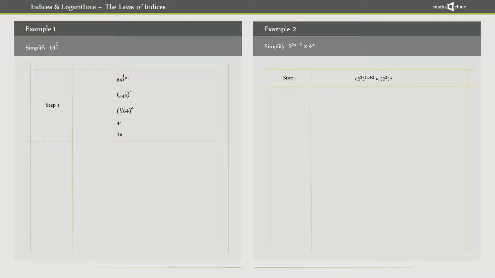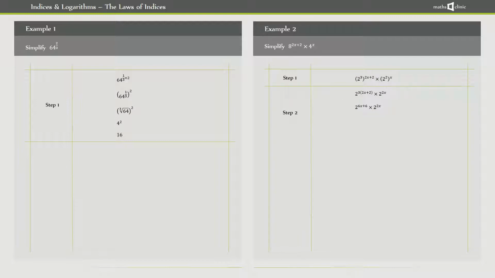So obviously the first law we'll be applying here would be the double index law. So step 2, the first thing we want to do here is apply the double index law, and we have 2 to the power of 3 multiplied by 2x plus 2, multiplied by 2 to the power of 2 times x, 2x. Okay, so we just multiplied the powers, and then we can work these out and expand those.